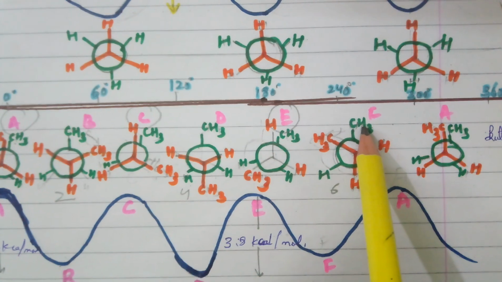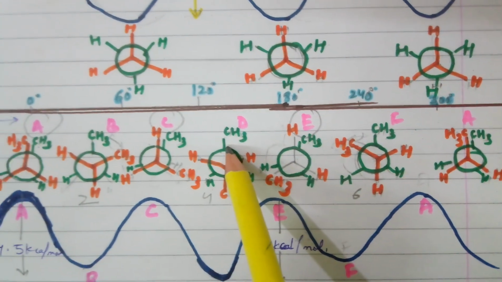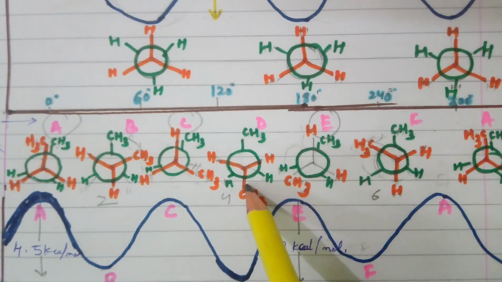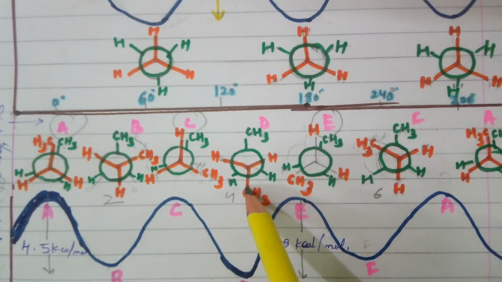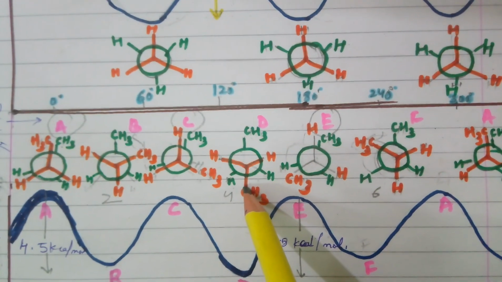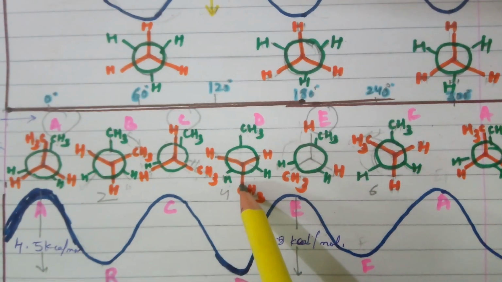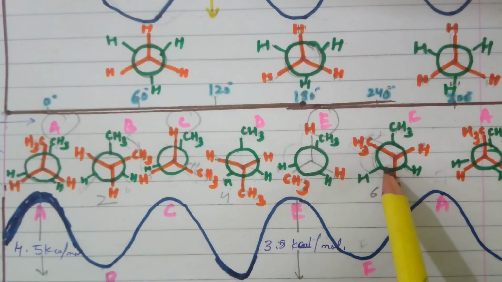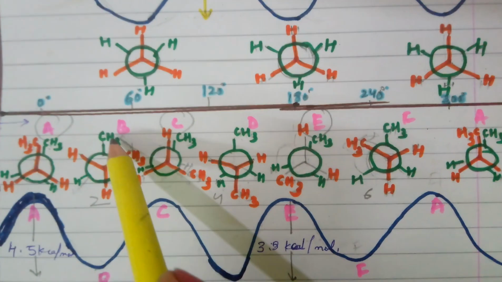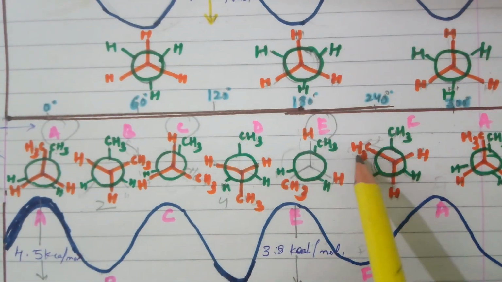It was found that conformer D, in which the two methyl groups are as far as possible, is more stable than the two staggered forms B and F, where the methyl groups are comparatively in close proximity.